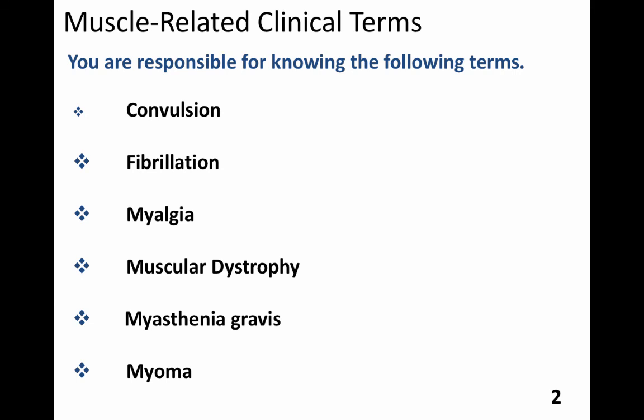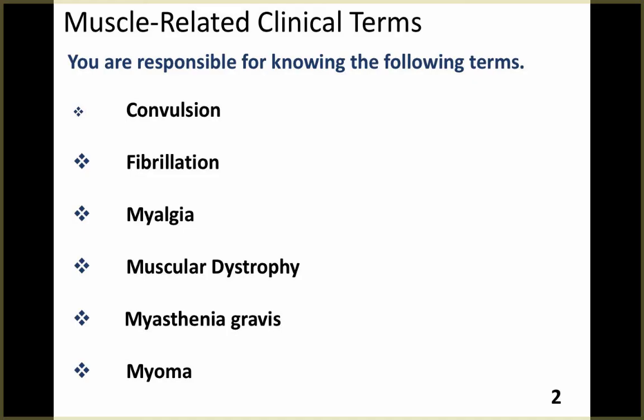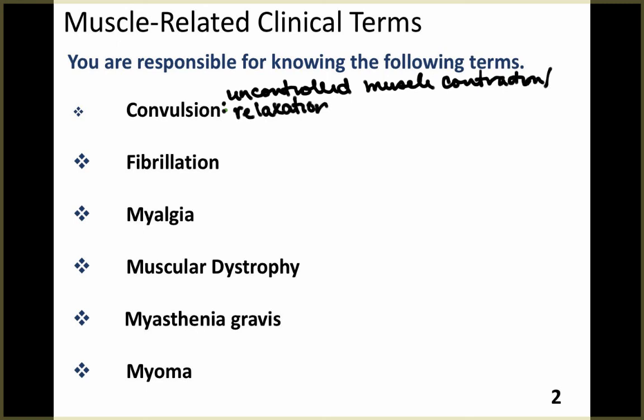For the end of this, we're going to go over some muscle-related terms and what they mean. Convulsions are uncontrolled muscle contractions and relaxations throughout the body that cause the body to shake.